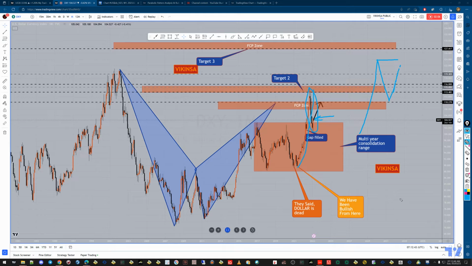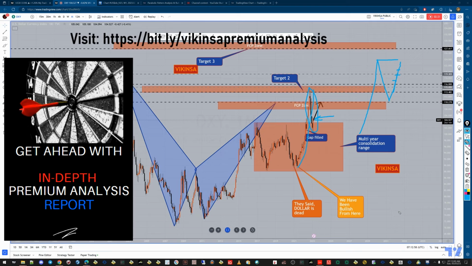So the dollar can be bullish all the way to this particular level, but along the way there are some important levels which we'll include in the premium analysis report if you want to order that. There are certain important levels around here where it can start to take a correction back again.